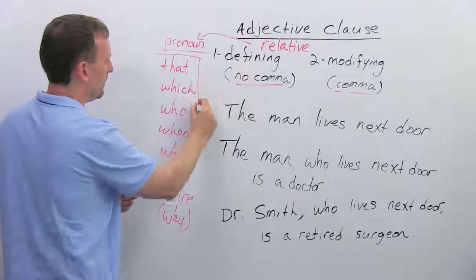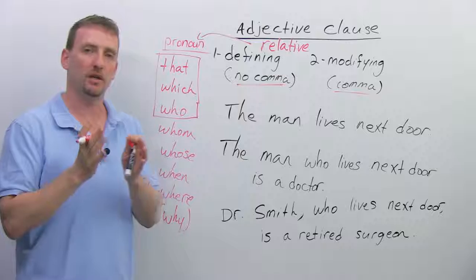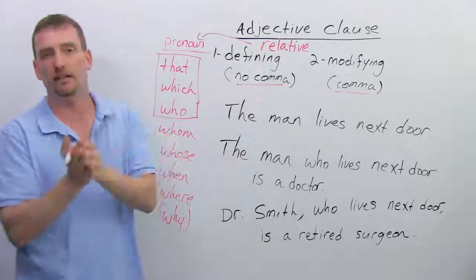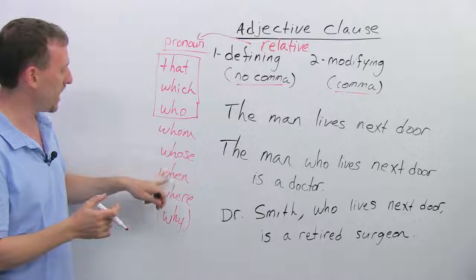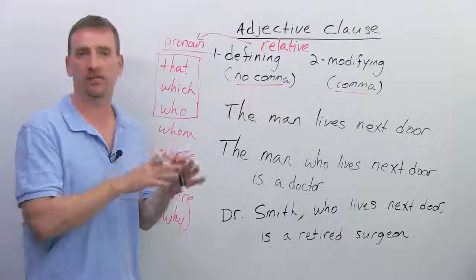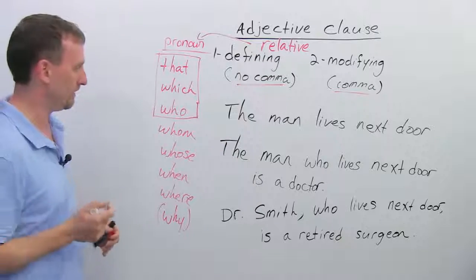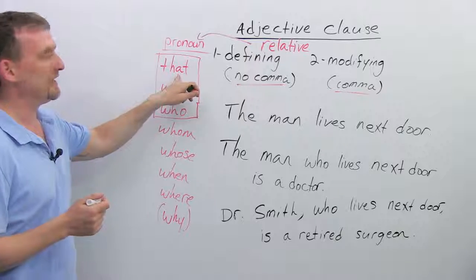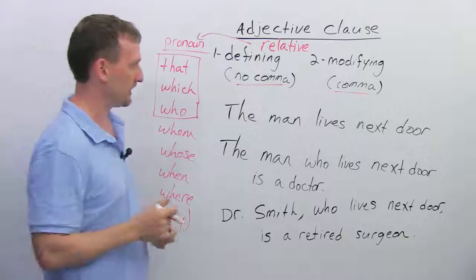So these three, that, which, and who, can be both the conjunction and the subject. These ones, whom, whose, when, where, and why, cannot be the subject of the clause, only the relative pronoun, only the conjunction of the clause. Now, in many cases, that can also be removed, but we're going to look at that separately.